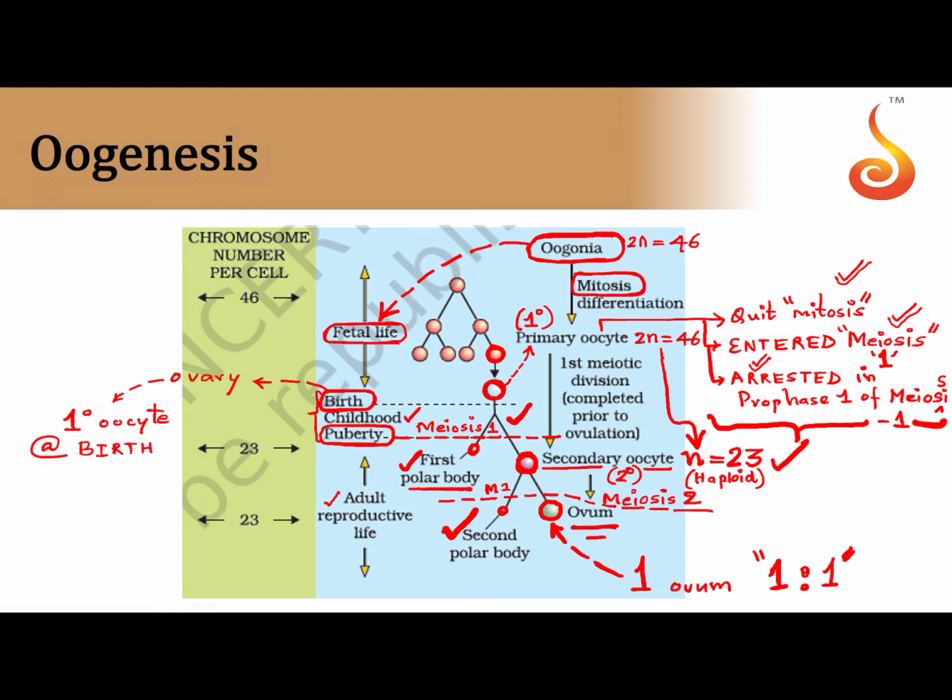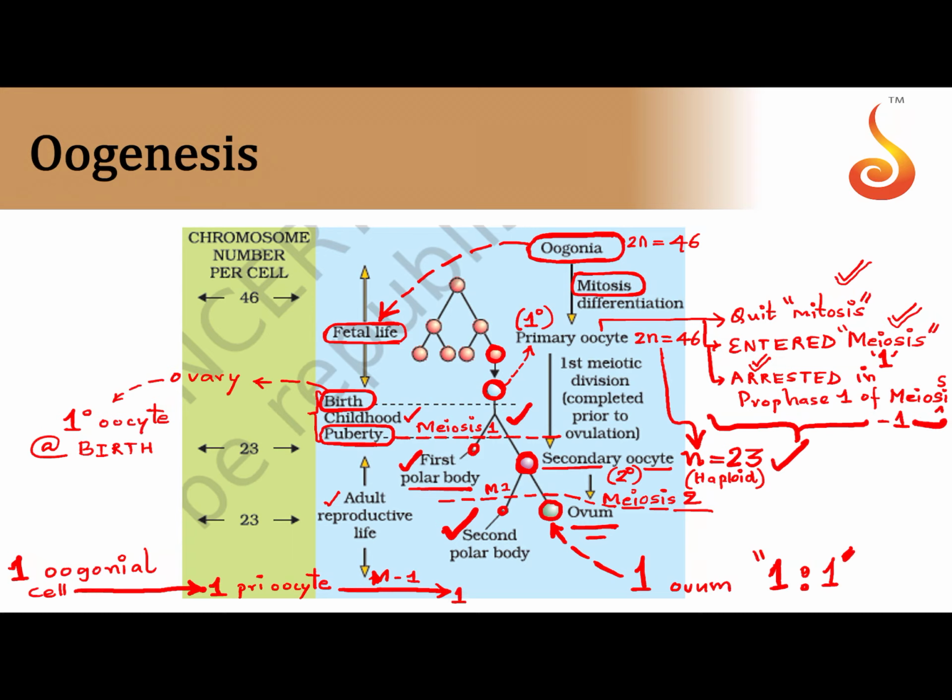So one ovum at the end of the process of oogenesis, starting from one oogonial cell which becomes one primary oocyte. Putting it in a simple way, the one oogonial cell decides to quit mitosis and differentiates into one primary oocyte, and this one primary oocyte undergoes meiosis 1, M1, and will become one secondary oocyte.